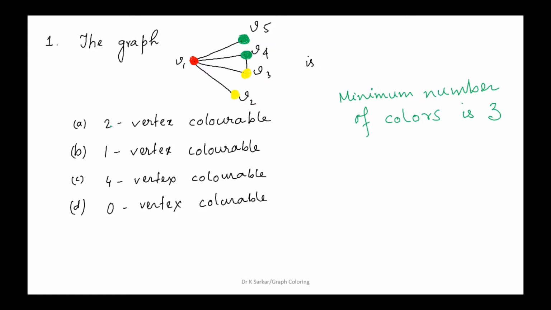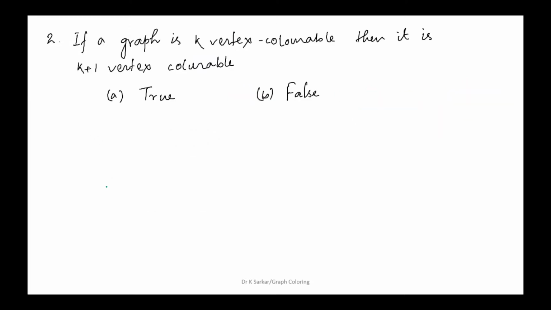There are 2, 1, 4, 0. 4 is more than 3. So option C is the correct answer. Question number 2. If a graph is k vertex colorable, then it is k plus 1 vertex colorable. Option A is the correct answer.